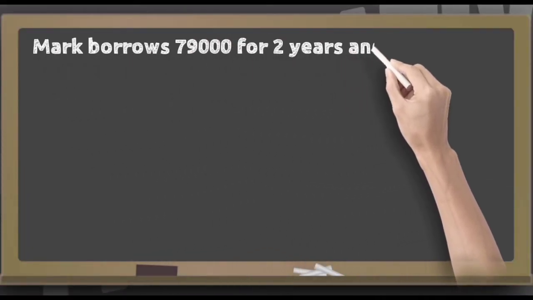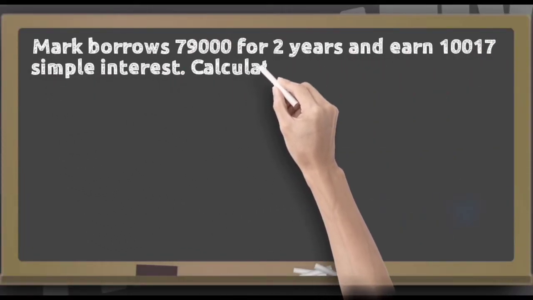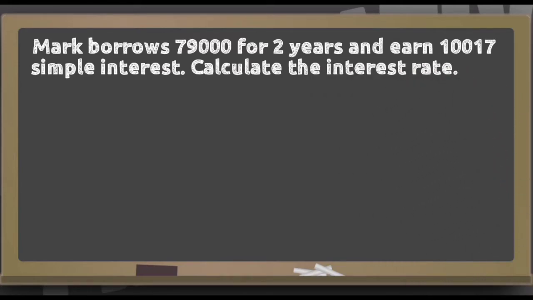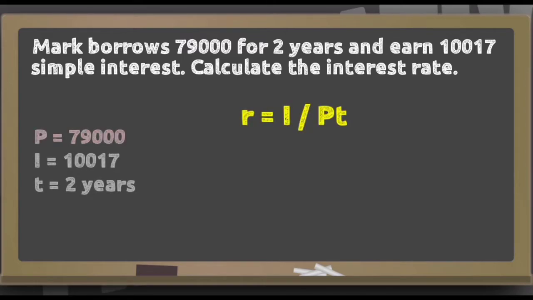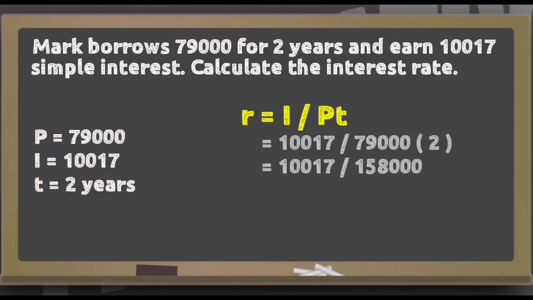Mark borrows 79,000 for 2 years and earned 10,017 simple interest. Now calculate the interest rate. This is the formula for calculating the interest rate. Now get the value of the principal, interest earned, and time. Substitute, then calculate first 79,000 times 2, and it equals 158,000.